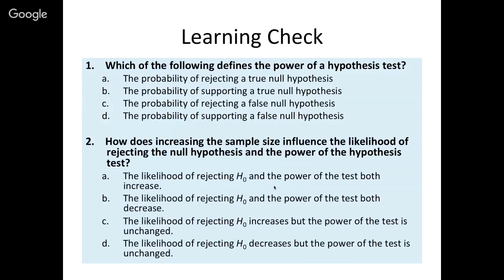Next, how does increasing the sample size influence the likelihood of rejecting the null hypothesis and the power of the test? We just said increased sample size is good for hypothesis testing, right? So it increases both the likelihood of rejecting the null hypothesis and the power. So A is the correct answer.